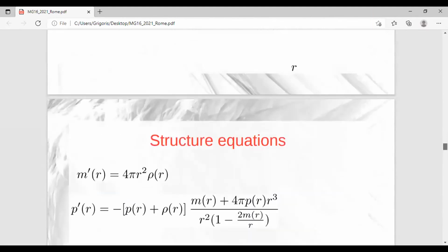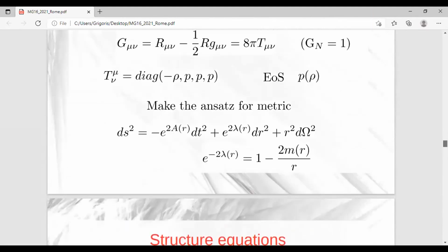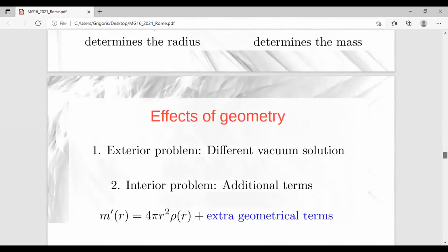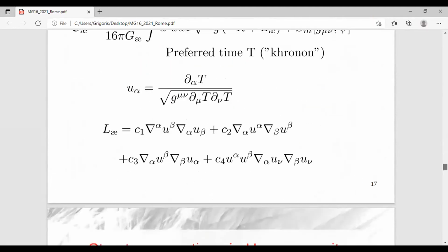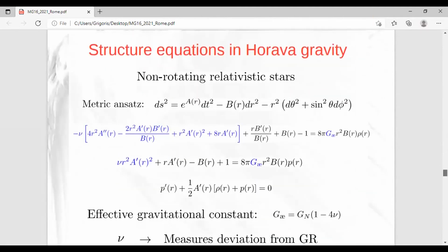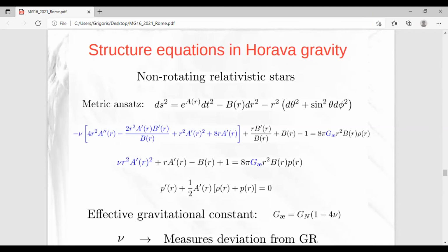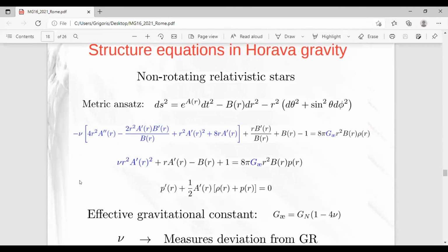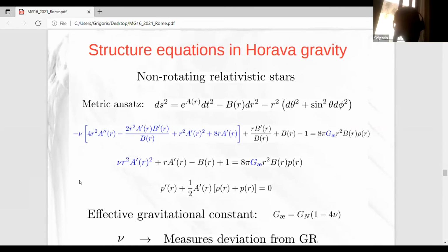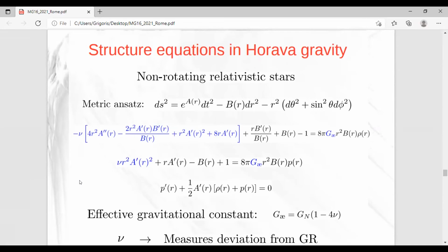I think you actually use the Jacobson and Mattingly solution outside, the exterior problem. Okay, your nu equals C1 plus C2. Okay, I see. Thank you. Yes, this is exact here.